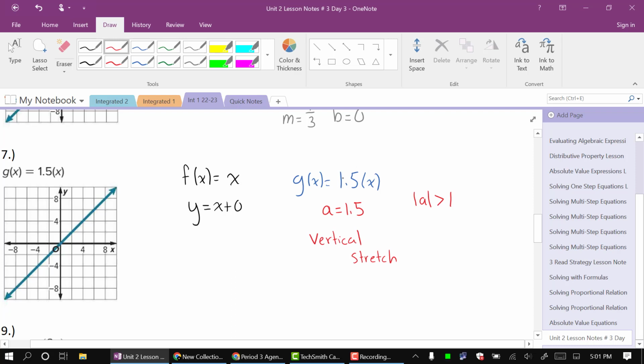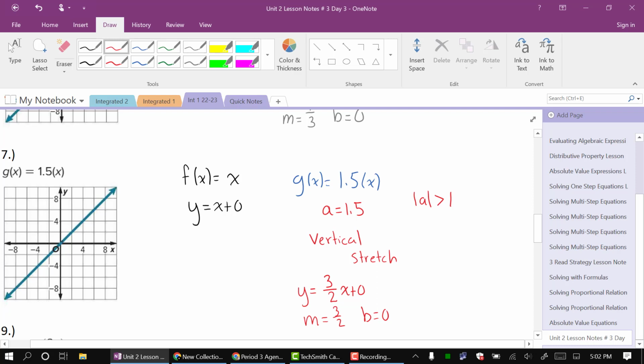I can change this over to a fraction as I do it. So y equals 1.5, which is just 3 over 2 x plus 0. My m value is going to be 3 over 2, and my b value is going to be 0.